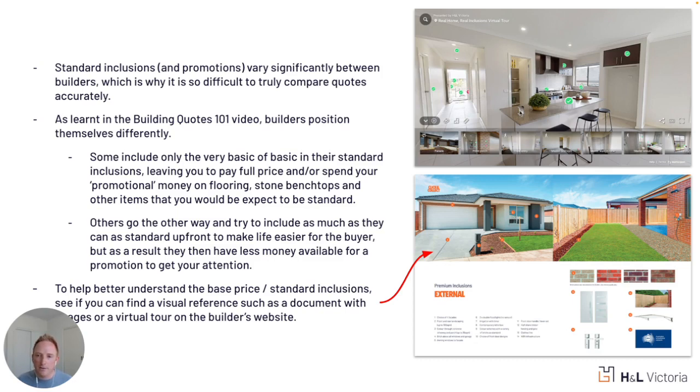Builders have a lot of virtual tours these days. A visual reference like this is also common, with call outs, items listed with photos. They're becoming more common among builders to give you a better understanding than the detailed document I showed you on the previous slide.